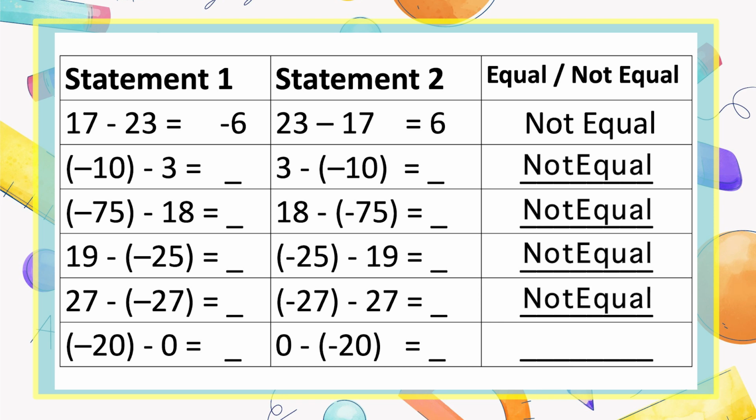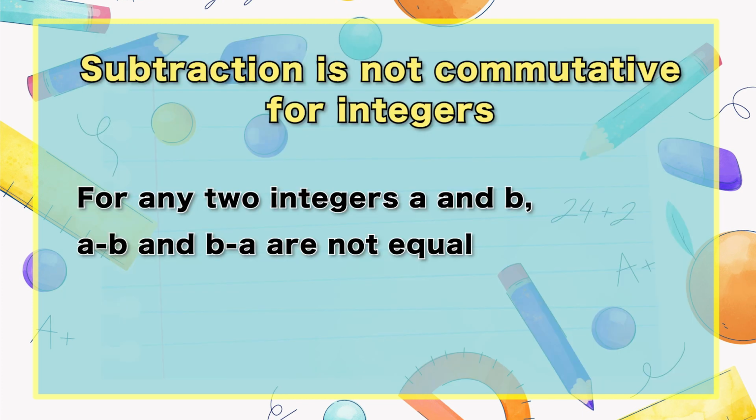So, again they are not equal. Minus 20 minus 0 is minus 20 and 0 minus minus 20 is plus 20, they are not equal. So, you observe that in each case both the statements are not equal. This means that subtraction is not commutative for integers.